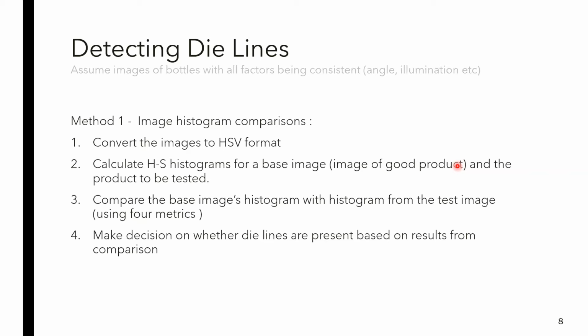Basically, convert the images to hue saturation value format, calculate the HS histograms for the good product and for the product that's on test, and then make a comparison using four metrics: correlation, chi-square, intersection, and, I'm sorry if I butcher this pronunciation, a Bhattacharyya metric, and then make a decision based on those metrics whether dye lines are present or not.